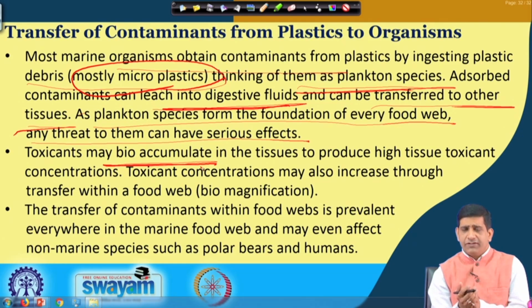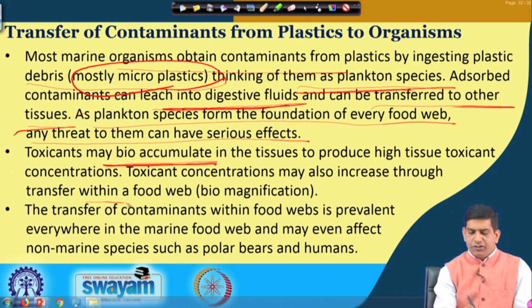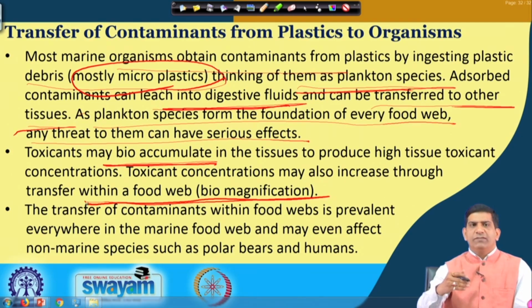Since many of these contaminants are lipophilic, they bioaccumulate and produce high tissue toxicant concentrations, and the concentration also increases within the food chain by biomagnification, because things go from a smaller species to higher species, and the concentration gets increased.